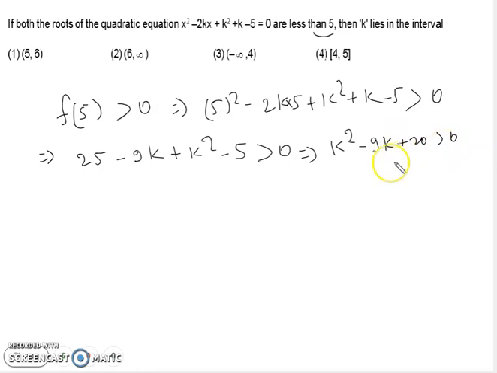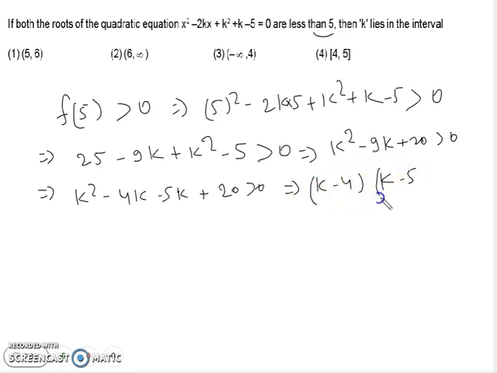Now we are going to solve this equation: k square minus 4k minus 5k plus 20 is greater than 0, right? After solving you will get (k minus 4) into (k minus 5) greater than 0. Are you getting my points?